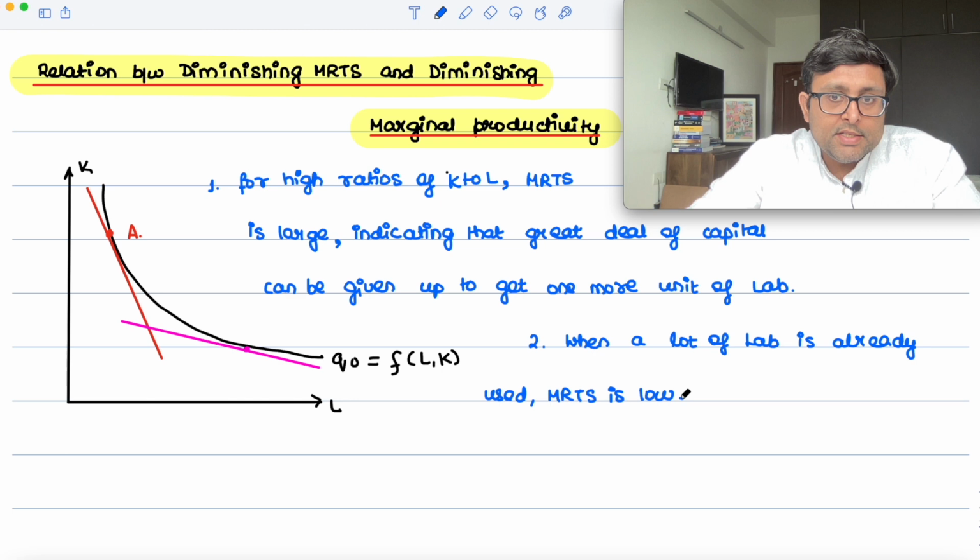So what does it signify? It signifies that you do not have much capital with you, but you have huge amount of labor, and you would want to give very small amount of capital in order to get one unit of labor.